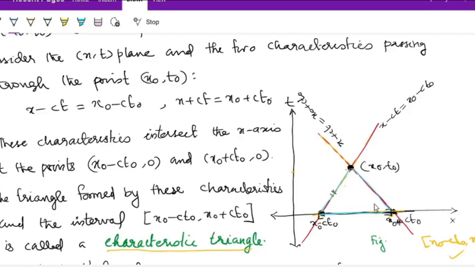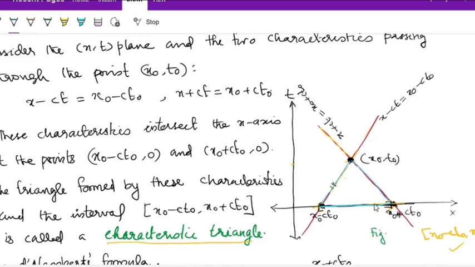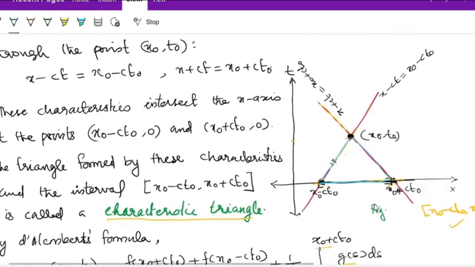So the triangle is formed by the two characteristics and this interval, and it is known as the characteristic triangle. The characteristic triangle is the triangle formed by the two characteristics through the point (x0, t0) and the interval x0 minus ct0 to x0 plus ct0 as its base.